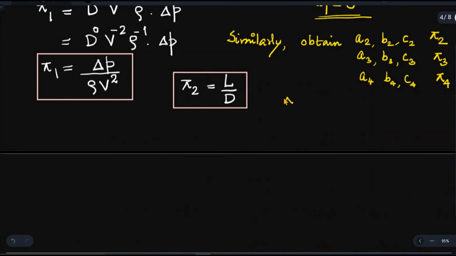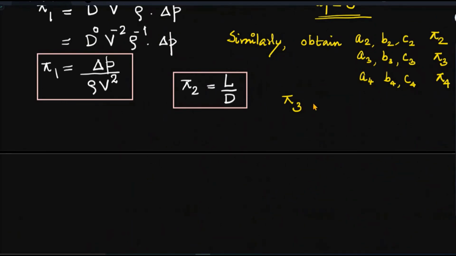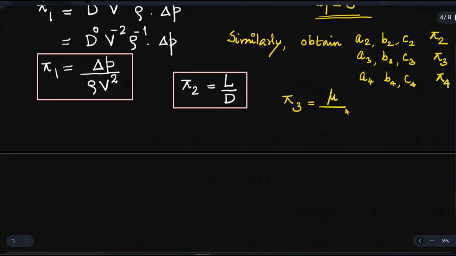And similarly, for pi 3, equating the powers of M, L, T on both sides after inserting dimensions in the pi term pi 3, you will get pi 3 as mu divided by rho V D. I'm giving you the answers. Okay, so you must verify and make sure that you get the same.